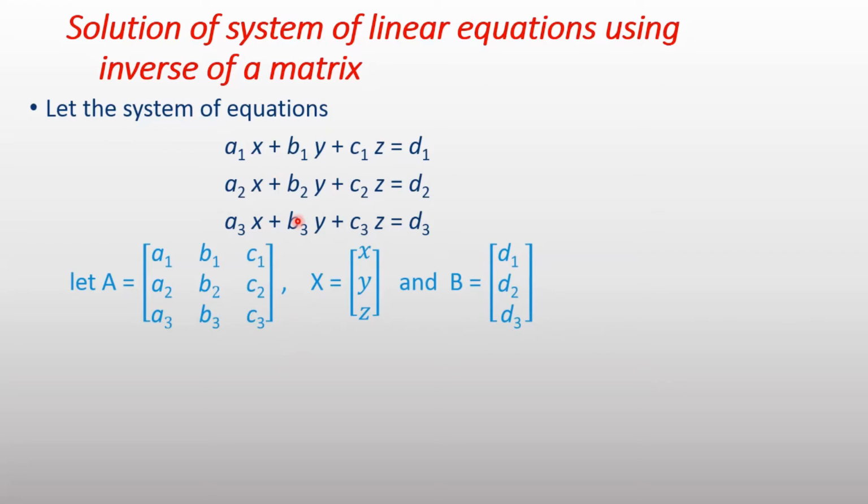If linear equations in three variables are given, write the equations in matrix form like this. The coefficients of x, y, z you write as matrix A. X equal to the variables x, y, z, and B equal to whatever constants are written. First you transfer the constants to the right side. After that, write d1, d2, d3 in matrix B.